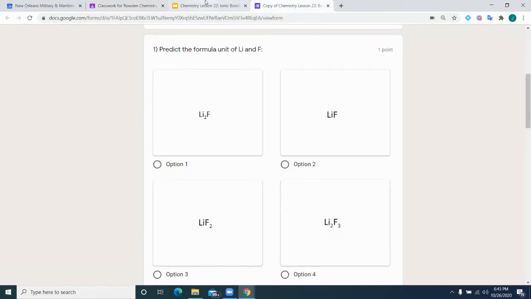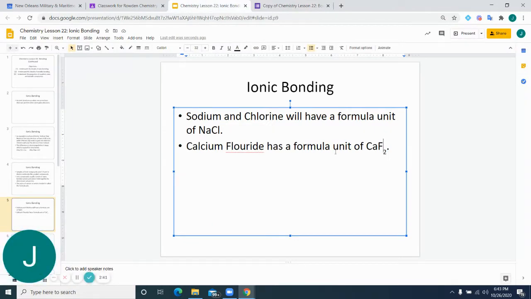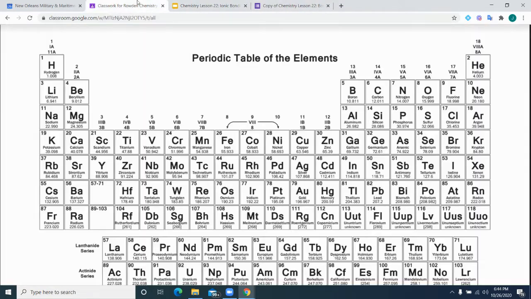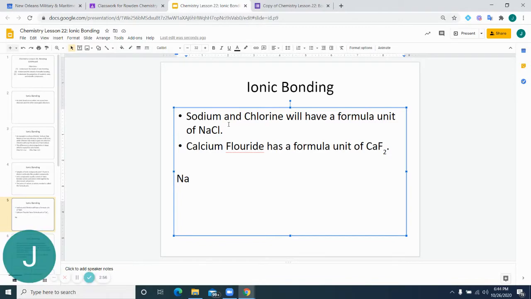So remember what the charges of each of these are. So what's going to happen when we do something like this, let's do sodium and chlorine. So if we have sodium Na, what's the charge of Na? Sodium, Na, is in group 1, so the charge of it is +1. And then what is the charge of chlorine?